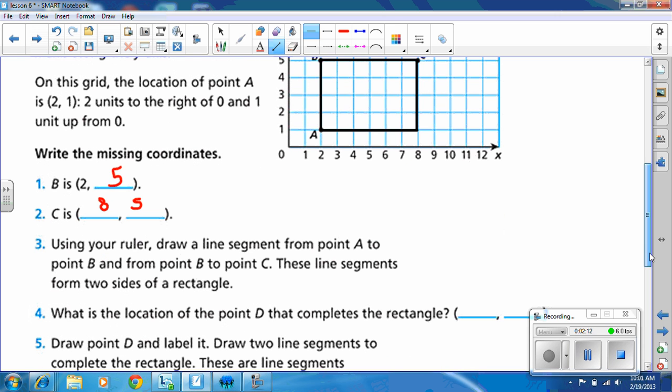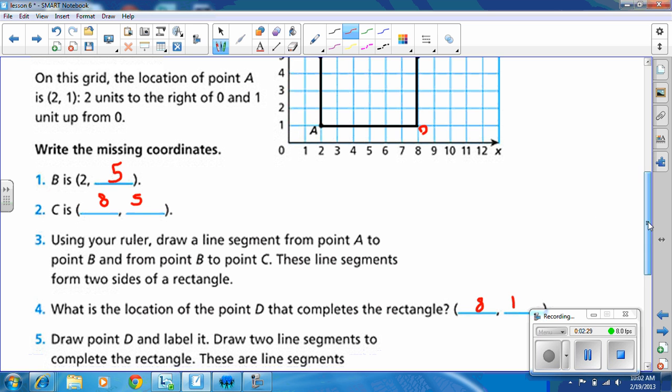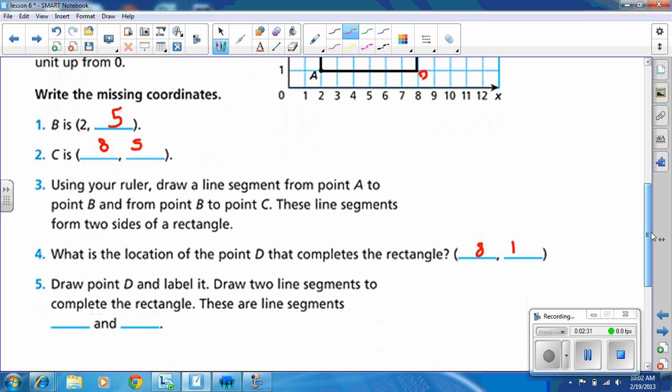Okay, so then what is that? What is this point D called? What are its ordered pair? Okay, so we're going to label this D. Well, D's ordered pair is it's 8 over on the X, and it's up 1 on the Y. So we've drawn and labeled D. Okay.